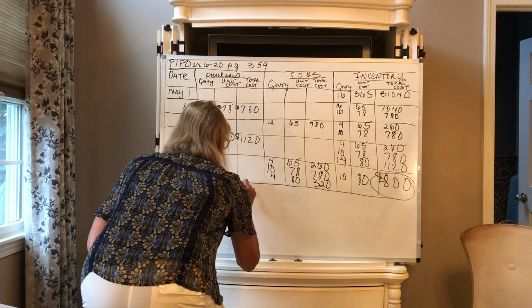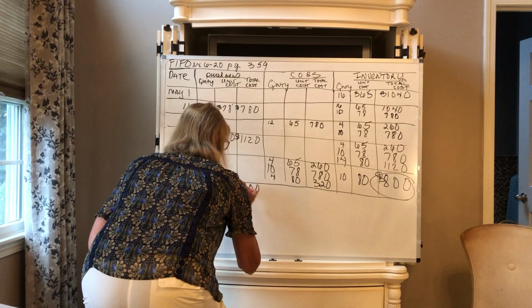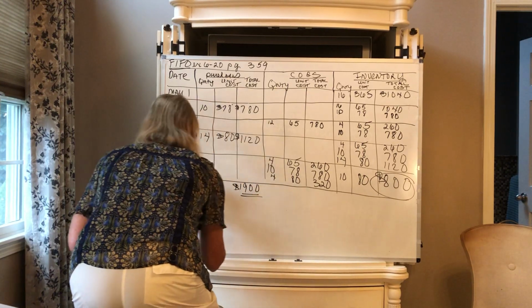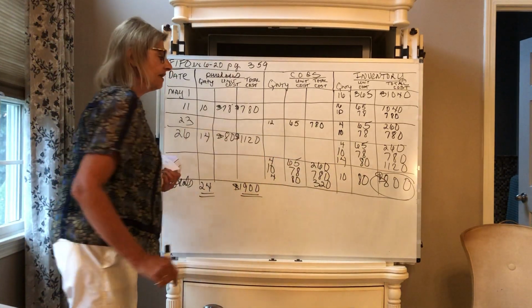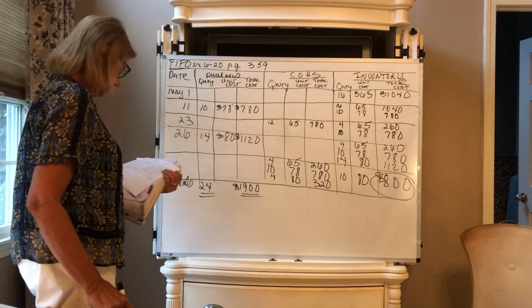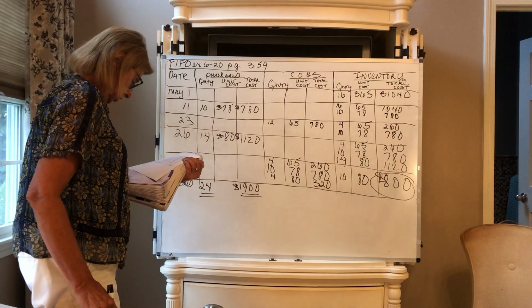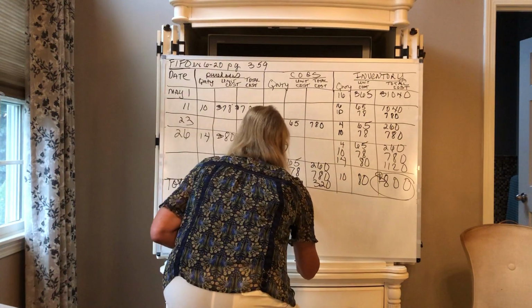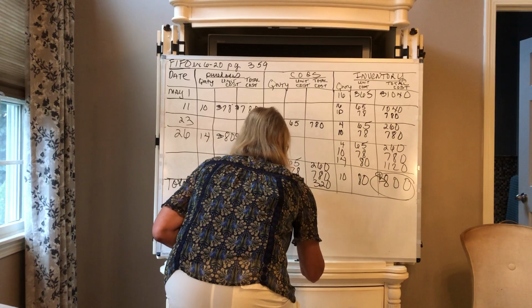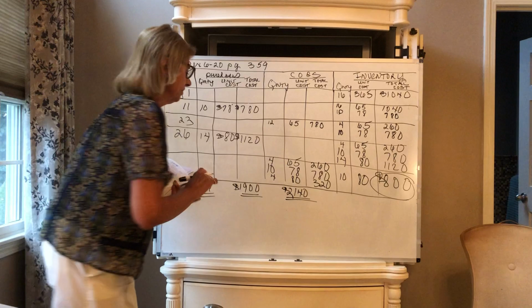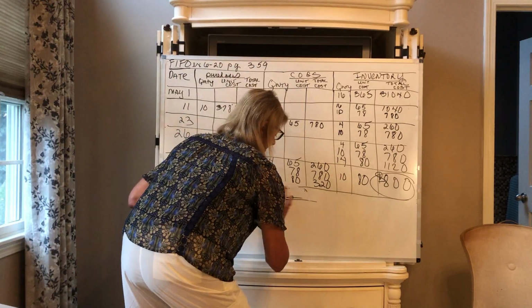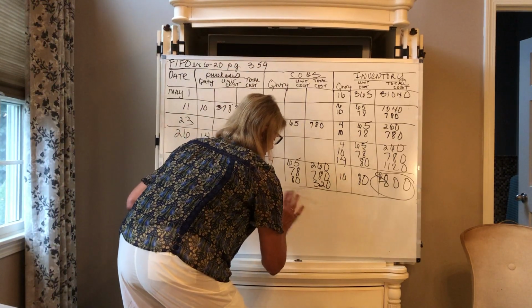Let me make sure I put it in the right column. Okay. Cost of goods sold, all these numbers, 780, 260, 780, and 320, 2140. Total cost of goods sold. Oh, put it in the wrong column. I'm making a mess.